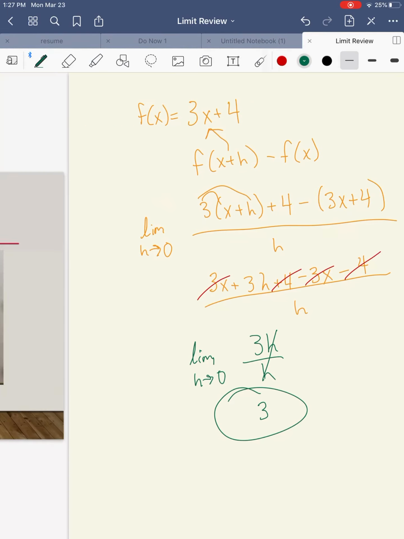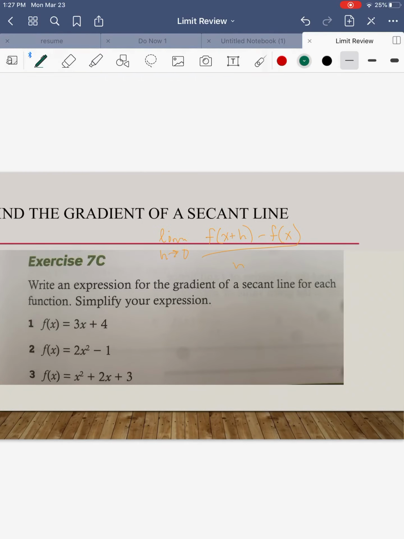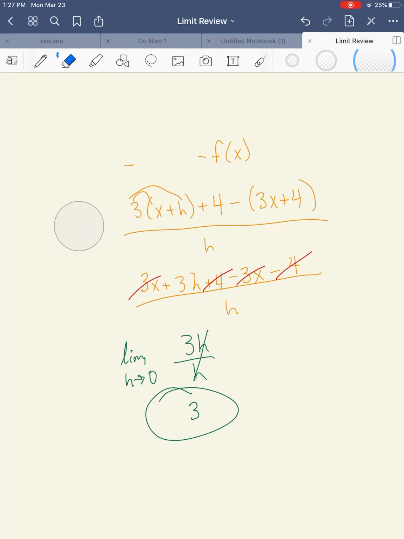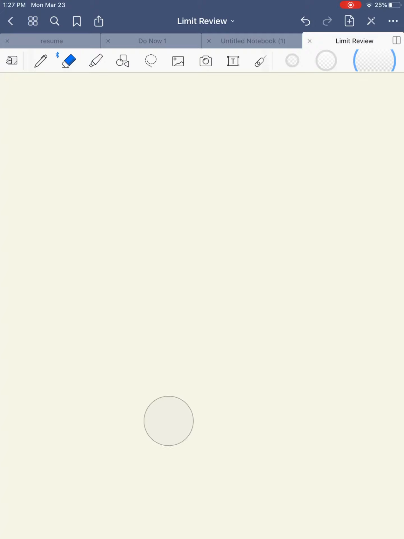Alrighty. So the next part wants me to do 2x squared minus 1. So let's erase this. 2x squared minus 1. Again, I need to replace x with x plus h.